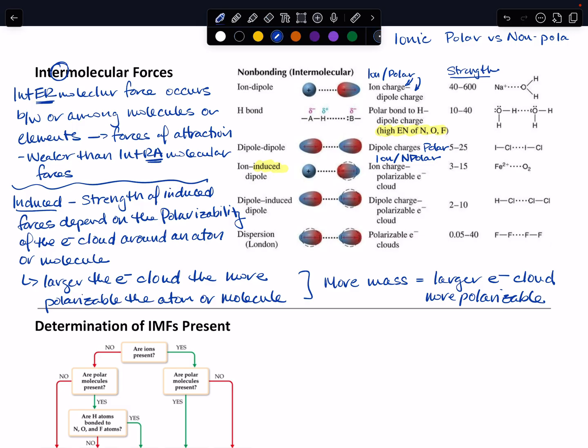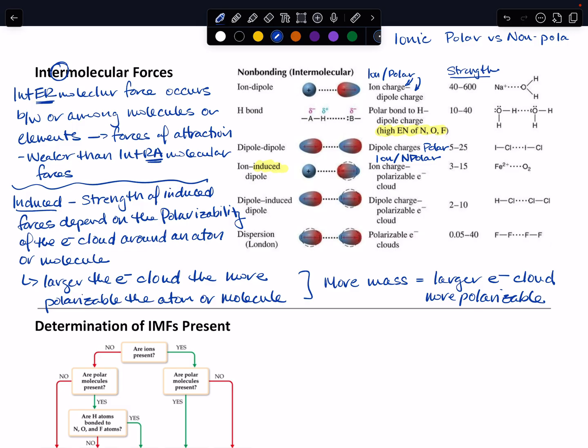If it's a negatively charged ion, then the electrons are going to move away from that negative charge. So you get an induced dipole, a buildup of positive space versus negative space. But if the ion's not there, then the molecule is nonpolar with no poles, so there's no induction of that dipole. You have to have the ion present. As you can see, the strength of those is less than a dipole-dipole interaction, around 3 to 15.